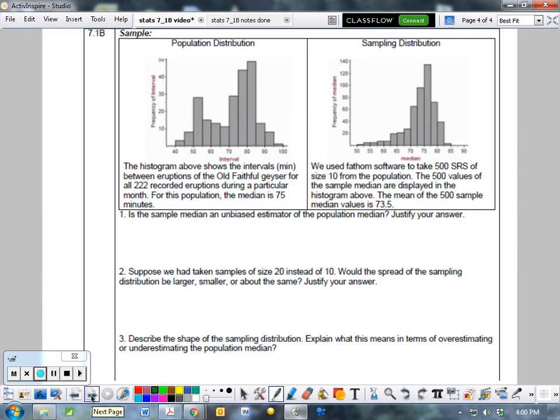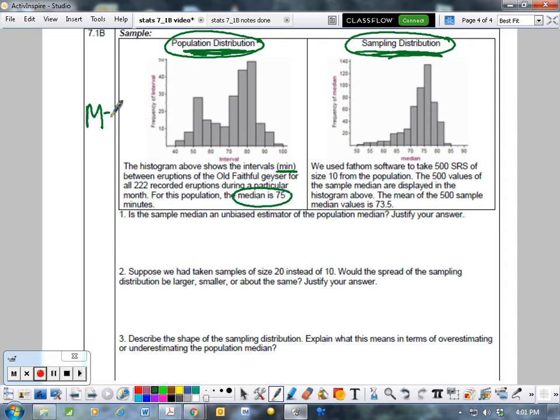Okay, so we have a population distribution and a sampling distribution. We took lots and lots of samples from this population and recorded the medians of all those samples in our sampling distribution. This histogram shows the intervals in minutes between eruptions of the Old Faithful geyser for all 222 recorded eruptions during a particular month. For this population, our median, so we're dealing with median, not mean, is 75.